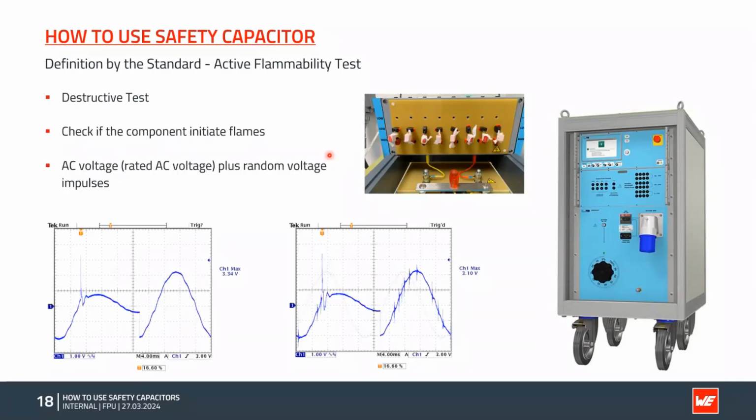The second thing we test with a quite huge device with a big tank capacitor is the so-called active flammability test. We place our specimen here and wrap it with cheesecloth, and we check when there is a failure. We apply the rated voltage, which you see here is 230 volt AC, and then we apply the 2.5 kilovolt impulses.